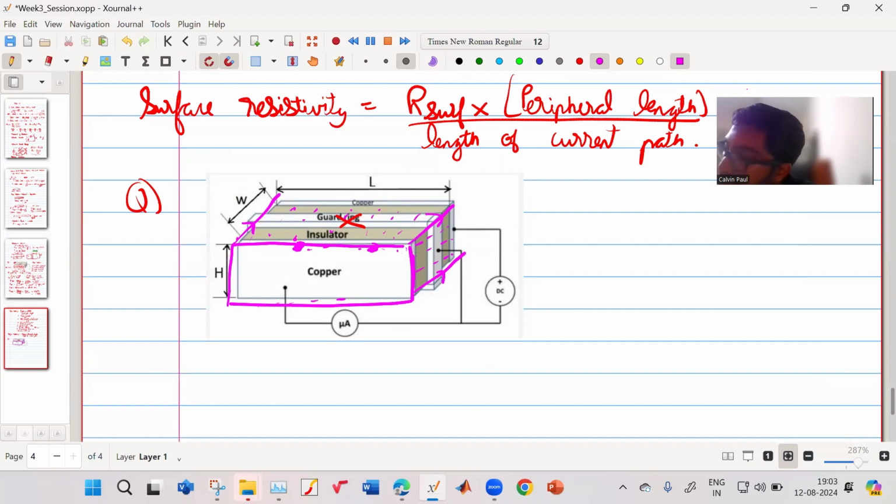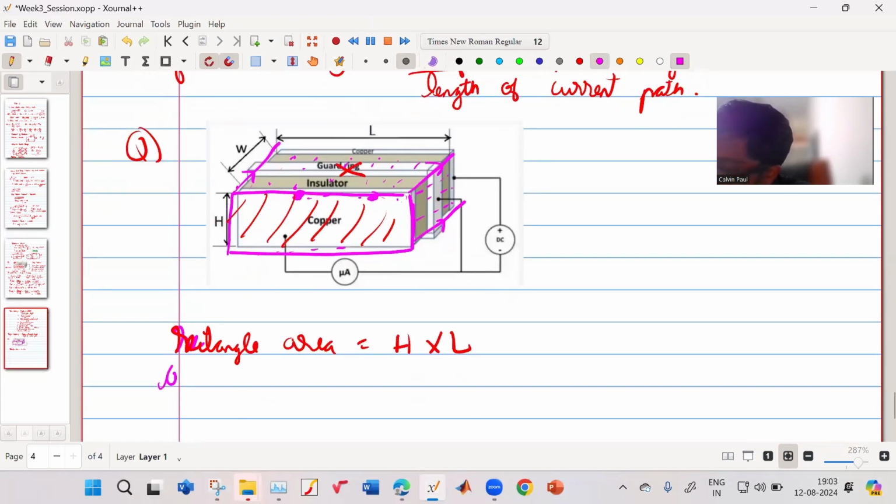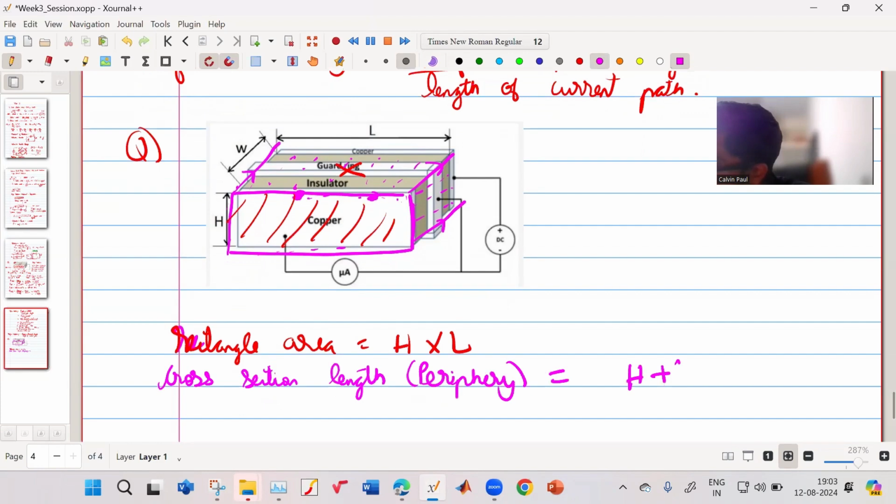So the peripheral length, now for a rectangle, your area is, in this case, H into L. But your cross-sectional length, what is the length of the periphery of your rectangle, that is given by this height H plus this L, into 2.